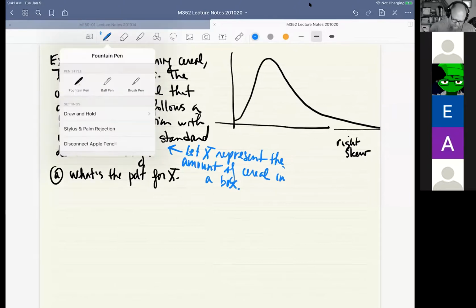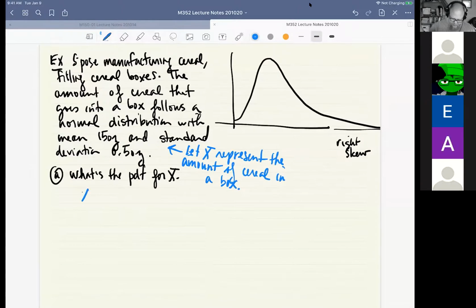And then we can ask what's the PDF for X, knowing that X is distributed normally with mean 15 and standard deviation 0.5.